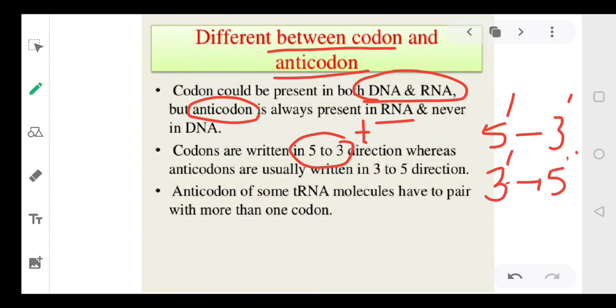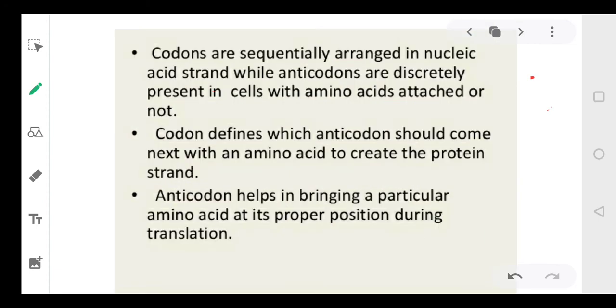So this is a basic difference. Clear? Understood everyone? Third is, codons have a specific sequence in nucleic acid. Anticodons are always present in cells.